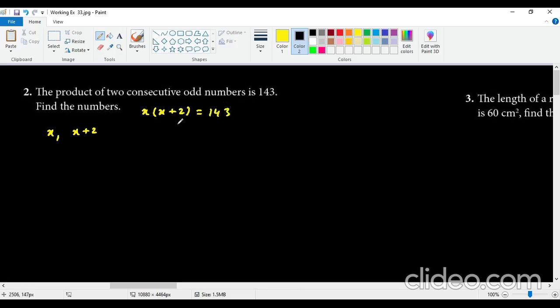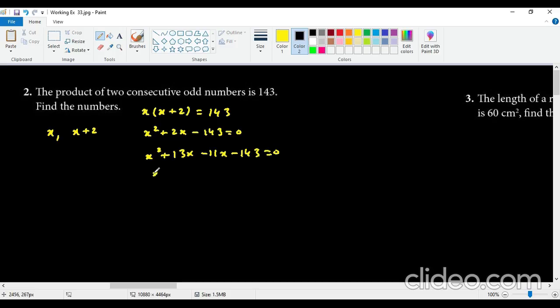Now the factors of 143 are 11 and 13, and x squared plus 2x minus 143 becomes the equation, and x squared plus 13x minus 11x gives us plus 2x, and minus 143 equals 0.